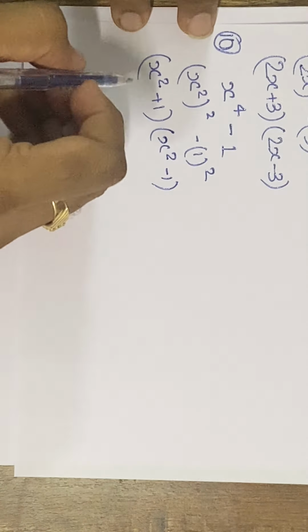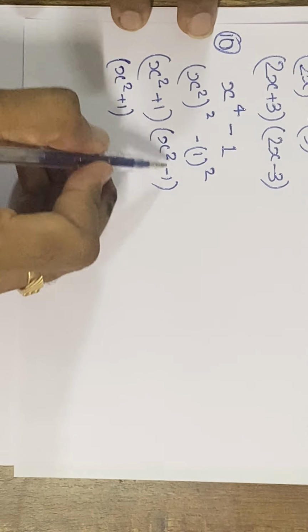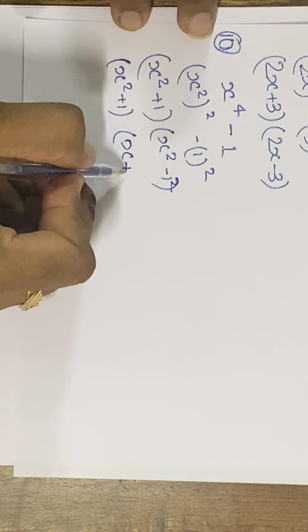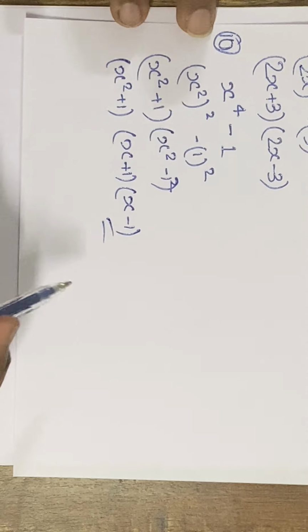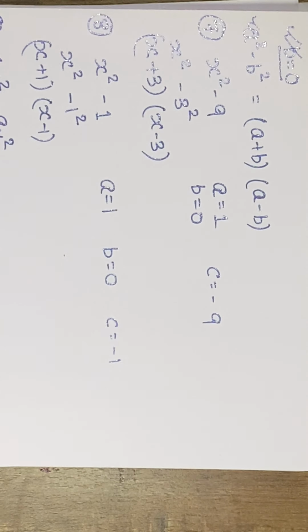Correct? Now this term will be written as it is, but this term can be written as x square minus 1 square. Again, it can be further factorized as x plus 1 and x minus 1. So this way we solve different factorizations of quadratic equations with a non-zero, with b as 0 and with c as 0. Guys, hope this makes sense. We will meet next class and see how to do factorization by formula method.